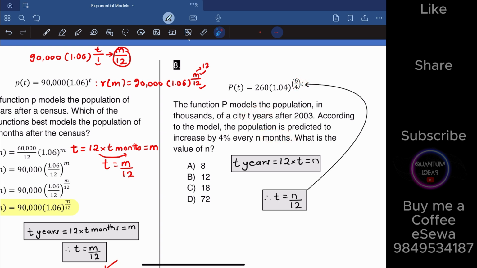I've already explained this. t years means 12 times t months, that is denoted by n here, and t will be simply n by 12. Now plug it into the equation.